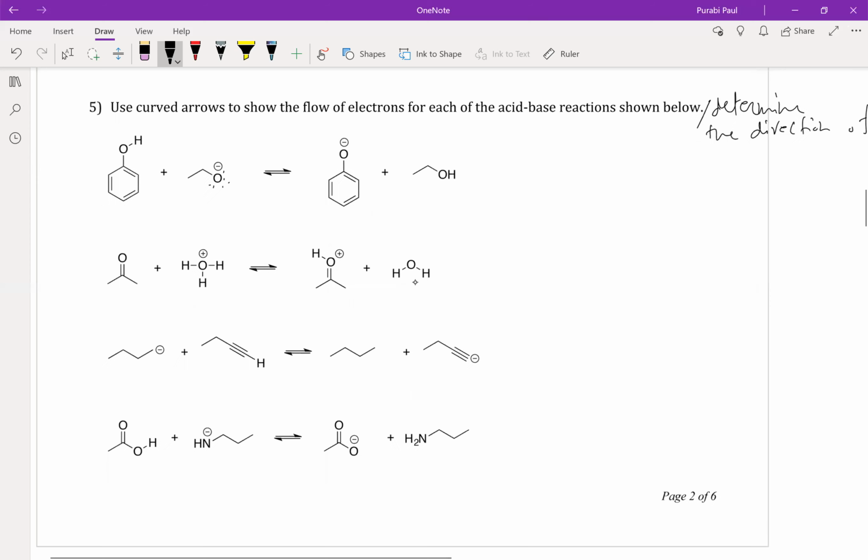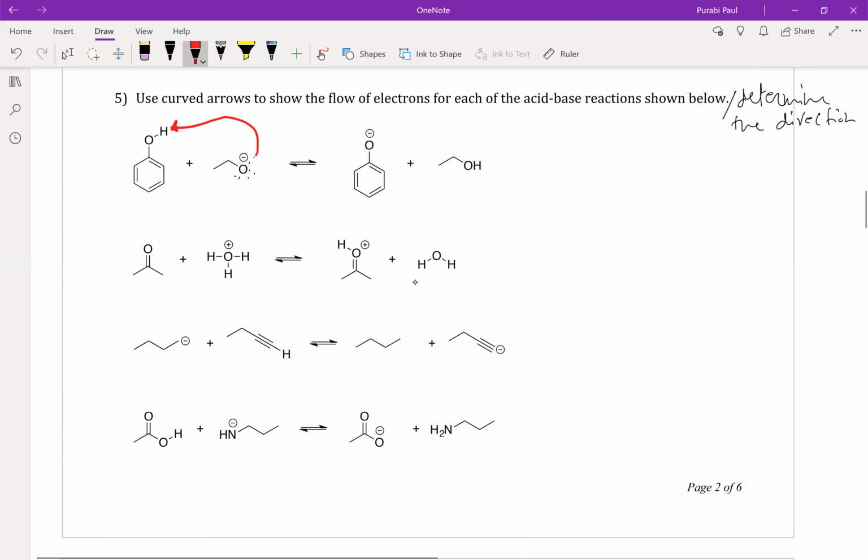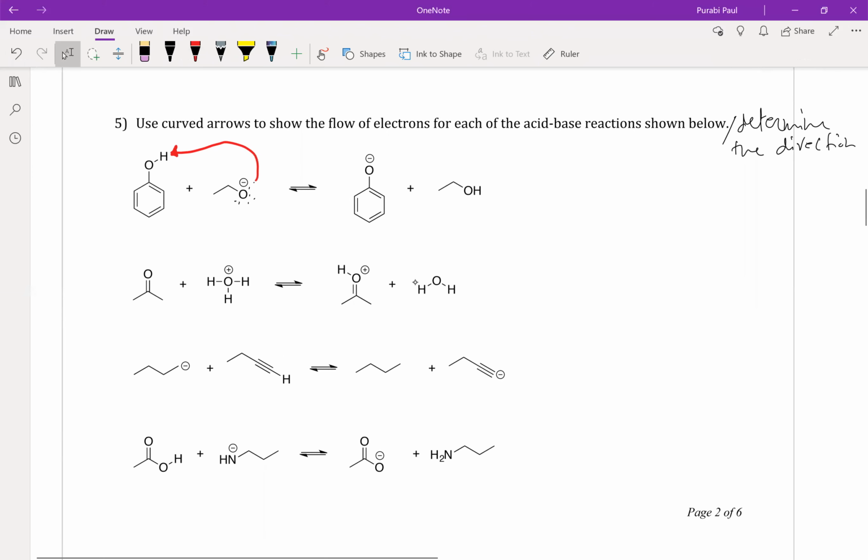And bases, what they do is they go and grab acids, right? So you've been seeing that this entire quarter that they go and grab acids, okay? And specifically, they go and grab protons, right? And on this molecule, the proton is highlighted for you, right?